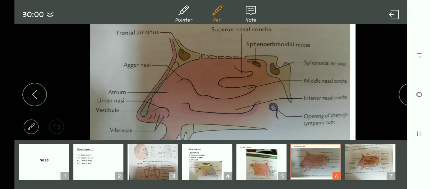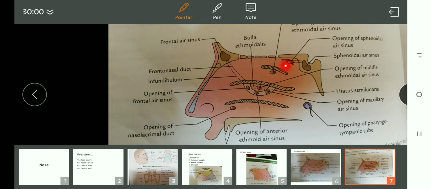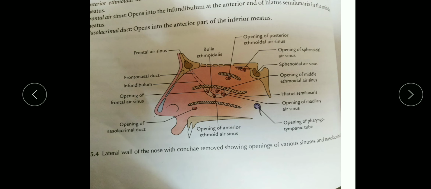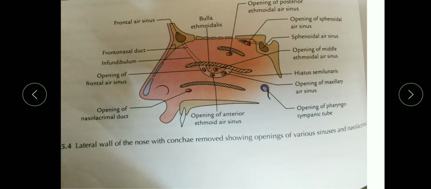This semicircular area is hiatus semilunaris, and it contains four openings: middle ethmoidal air sinus in between, maxillary air sinus on the posterior aspect of the hiatus semilunaris, anterior ethmoidal air sinus in the middle of the hiatus semilunaris, and frontal air sinus in the anterior part of the hiatus semilunaris. So these are the openings in the meatus.